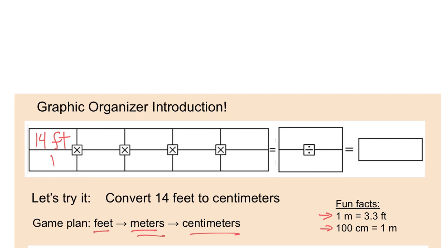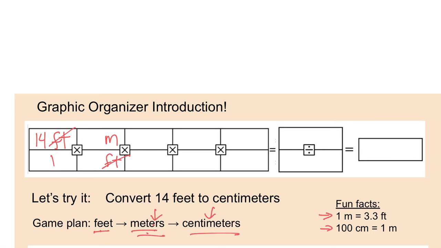Okay, so now I'm going to go feet to meters and then meters to centimeters. I'm going to set up my units first. And remember, to get things to cancel, what's on top goes on the bottom. So my feet is on top, so I need feet on the bottom, and I'm going from feet to meters. That gets rid of feet, and now I have meters. Do I want meters? No, not totally.